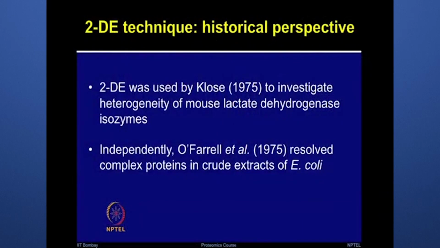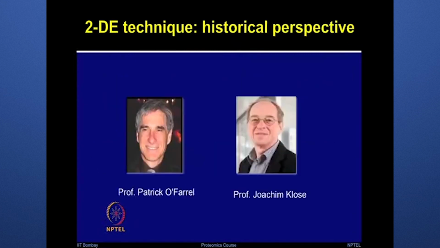Klose was investigating the heterogeneity of mouse lactate dehydrogenase isozymes. Independently, O'Farrell was studying the complex proteins present in the crude extract of E. coli. Here are these two scientists who developed the two-dimensional electrophoresis method, Professor Patrick O'Farrell and Professor Joachim Klose.